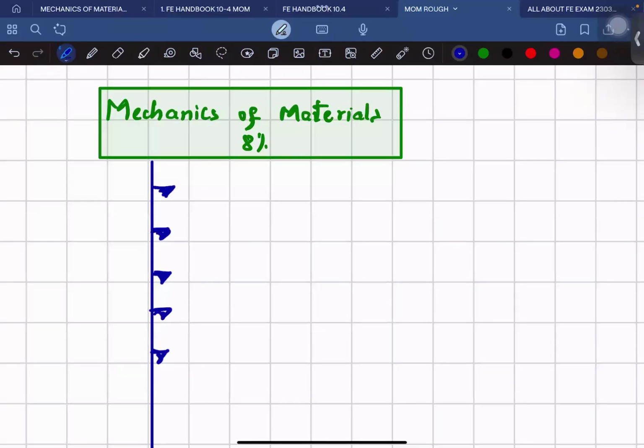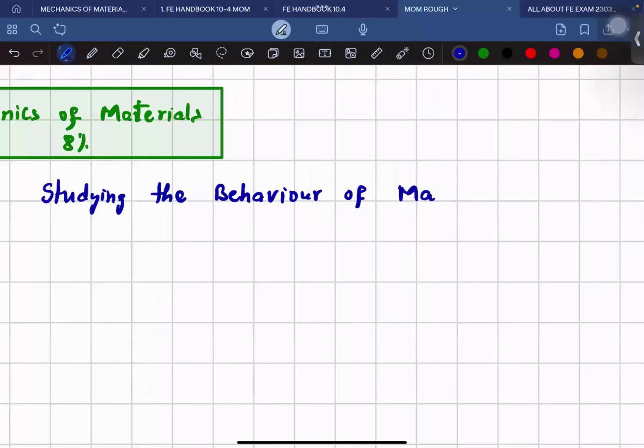Shamroz Khan. Okay. So our friend Shamroz Khan has said that mechanics of materials is like studying the behavior of materials due to forces. Well and good.